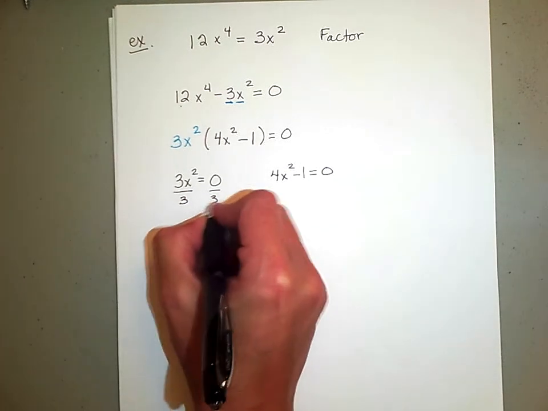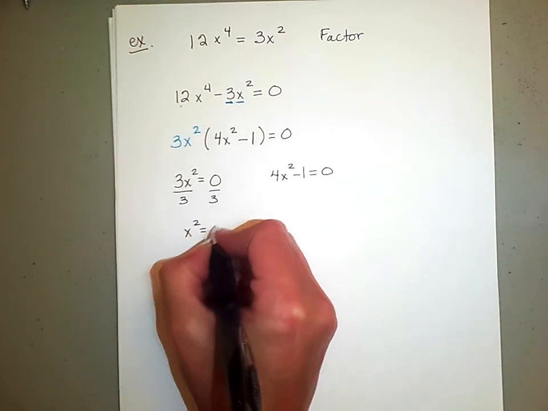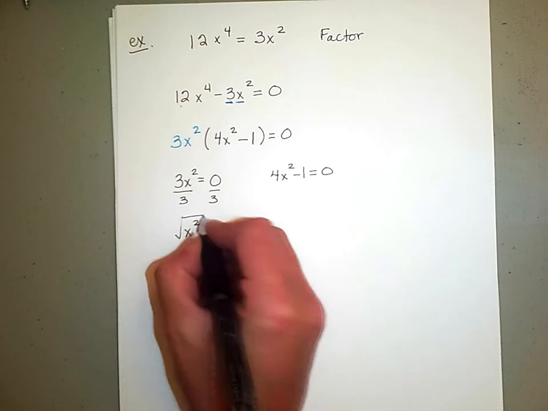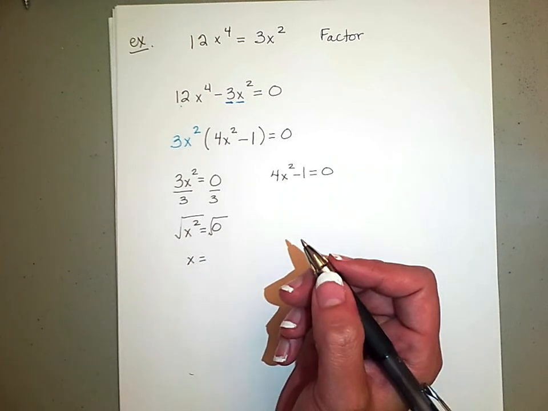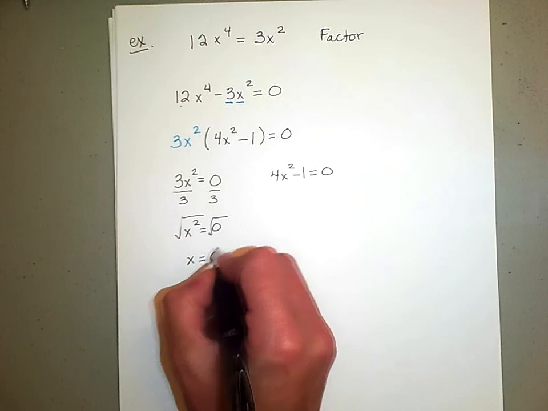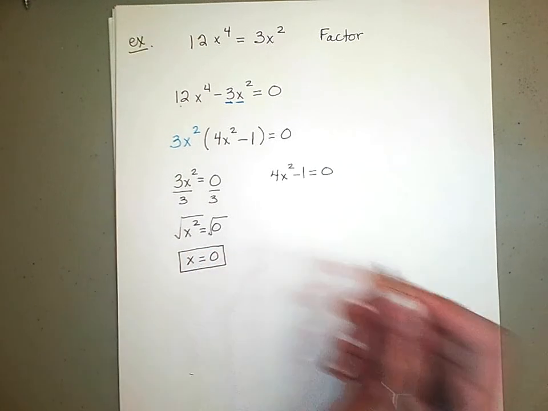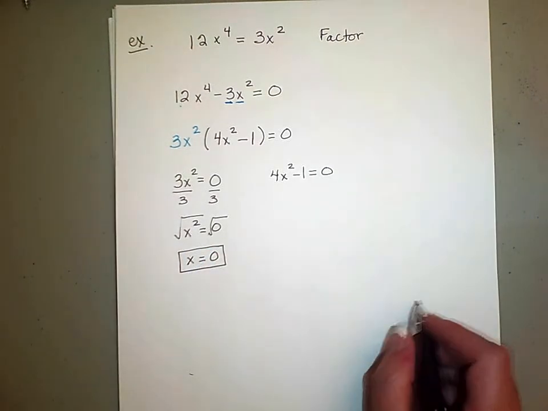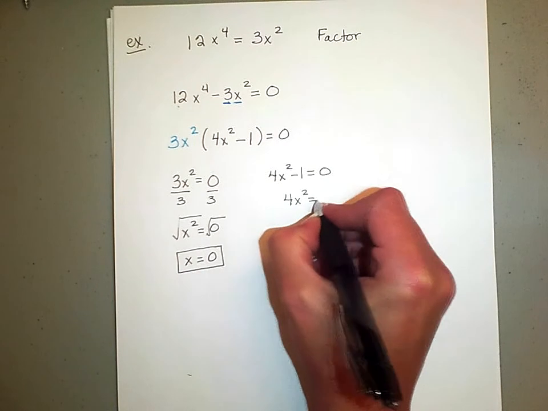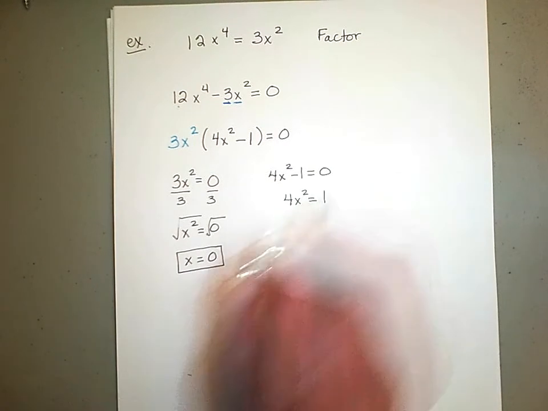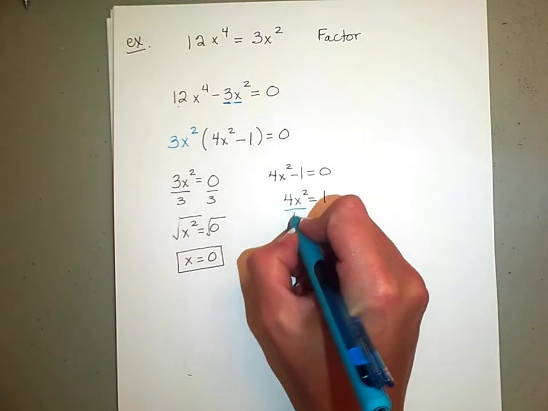Solving this, dividing by 3, we have x squared is equal to 0, taking the square root, so x must be equal to plus or minus 0, which is just 0. Over here, we'll add 1 to both sides, and then we can divide through by 4.